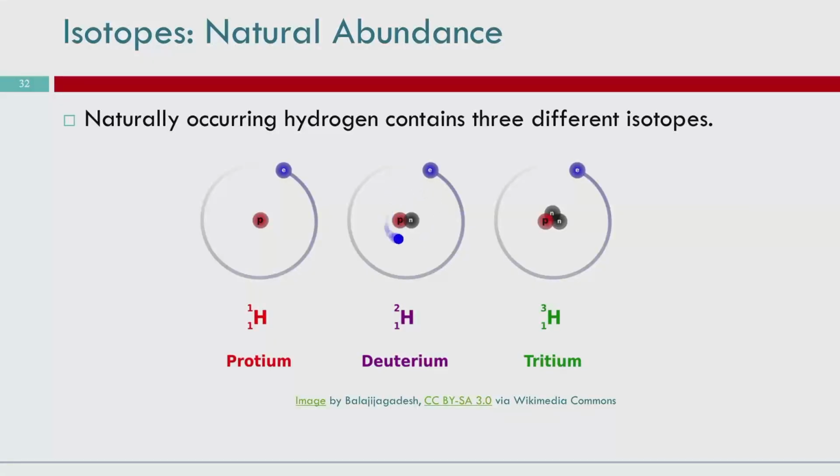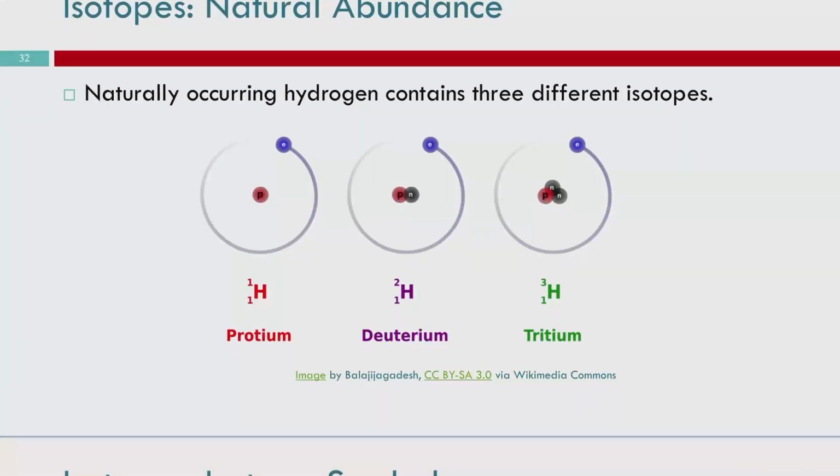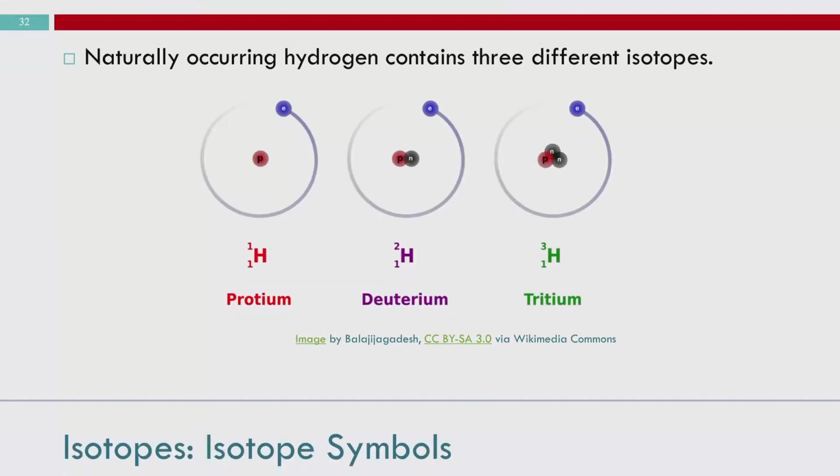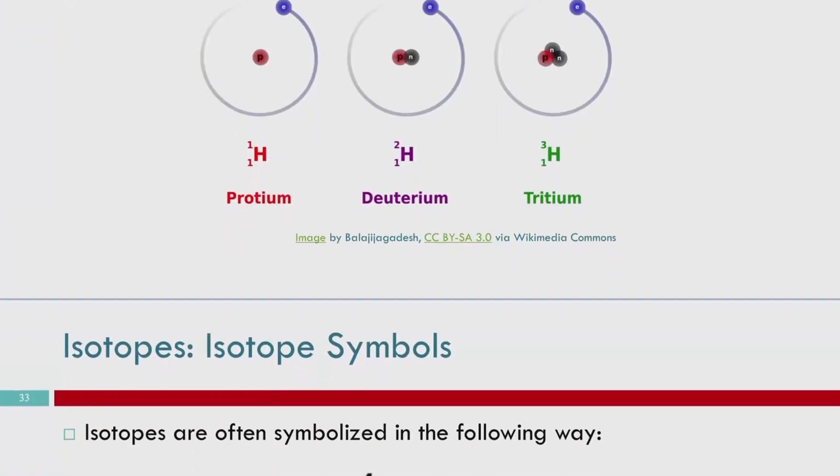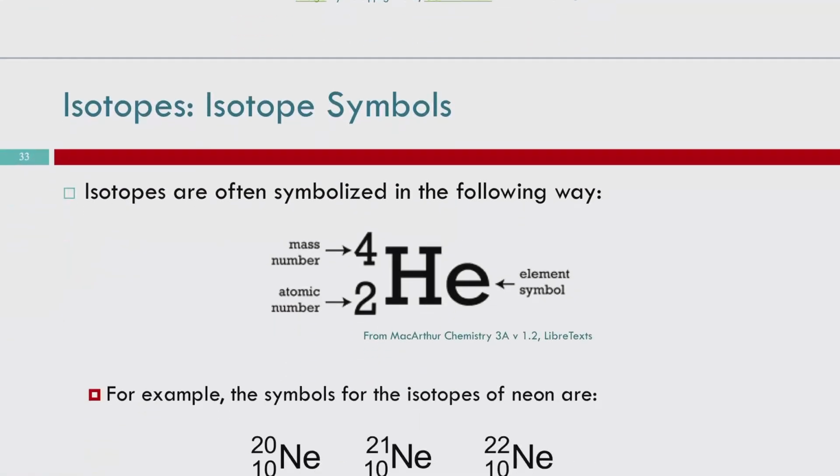Deuterium, deut for 2, has also 1 neutron in its nucleus. And then tritium, the tri for 3, we've got 3 particles in the nucleus. And these naturally exist. You can find them out in the wild. You can also make them in a lab. Other things have different numbers of elements.